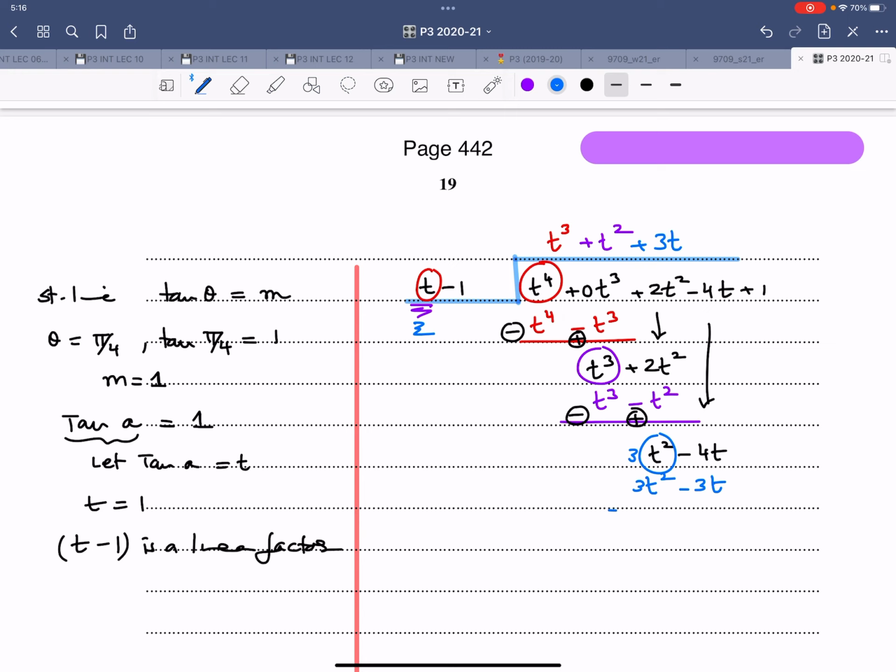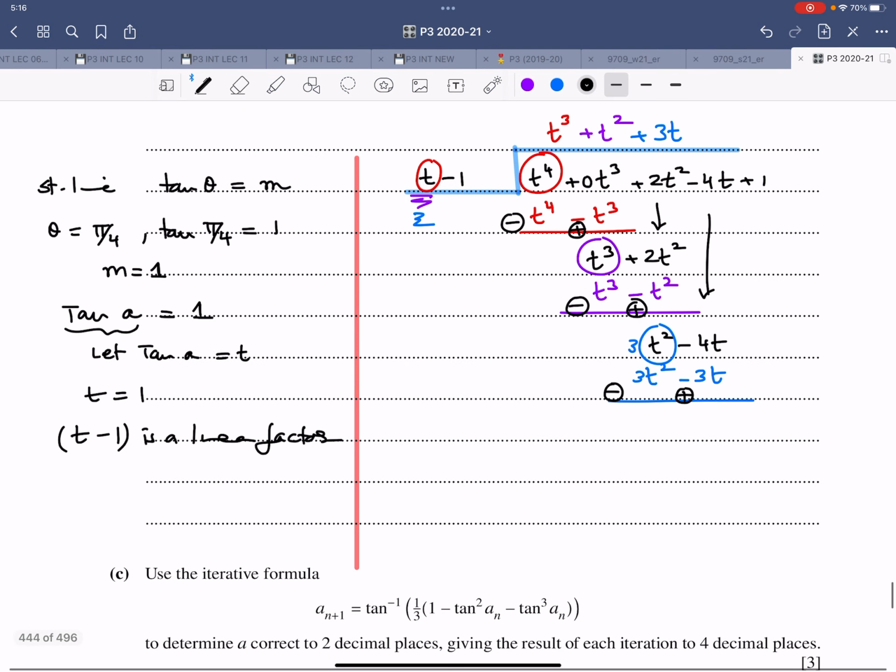Now change the sign and add. There is a minus sign, there is a plus sign. Minus 4t plus 3t, that is minus t plus 1. I've pulled the last term down. Minus t divided by t, so that is minus 1, that is minus t plus 1, and then change the sign and add. What do you get? You get a 0.